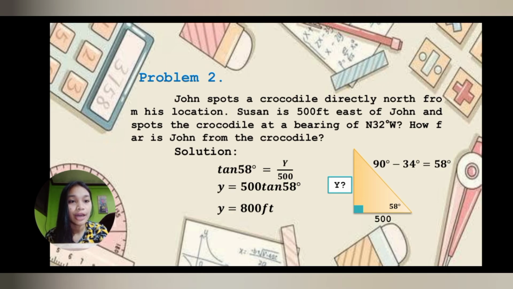And our adjacent is 50 feet, and we need to solve for y, which is the measure of how far John is from the crocodile.